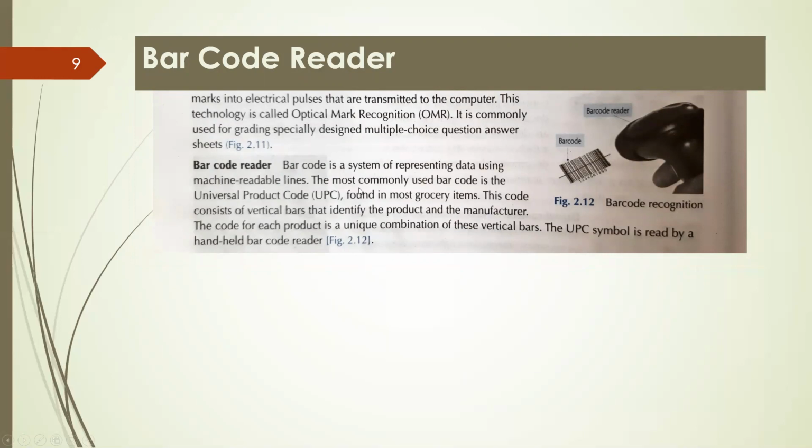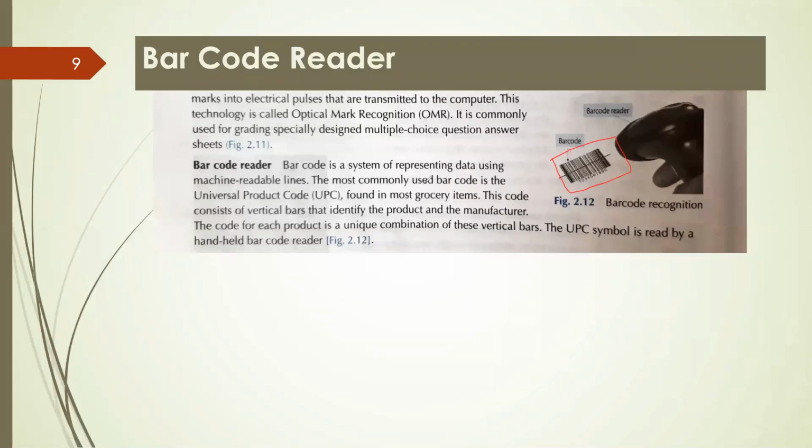A barcode reader is a system of representing data using machine readable lines. The most commonly used barcode is the Universal Product Code, UPC, found on most grocery items. This type of barcode is in the grocery shop.